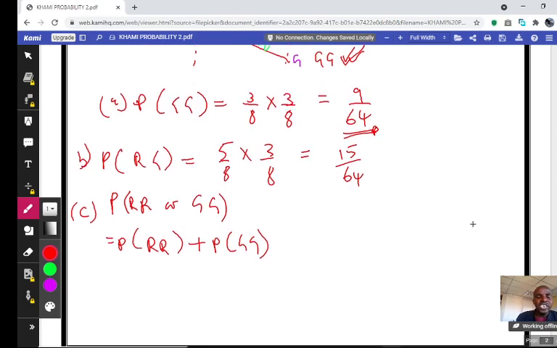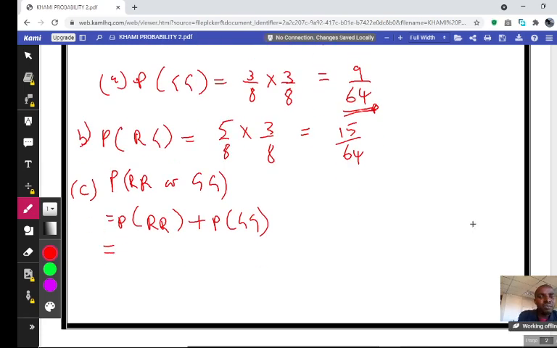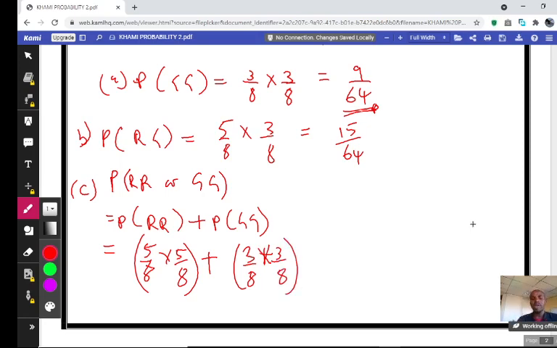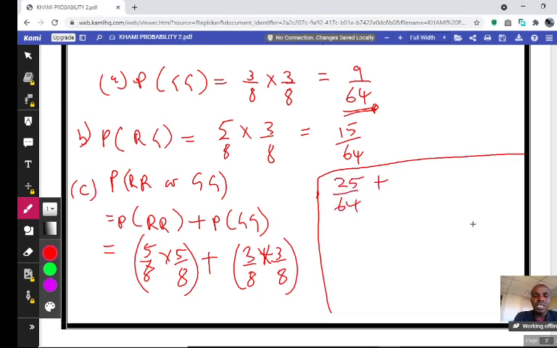Then the probability of red, basically on our tree diagram, will be 5 over 8 times 5 over 8, plus green, 3 over 8 times 3 over 8, like this. Then you can simplify. Simplifying, 5 over 8 times 5 over 8 is 25 over 64, plus 9 over 64.